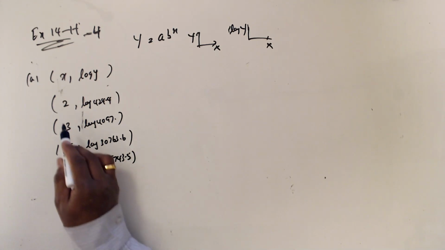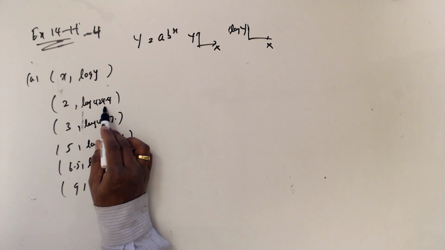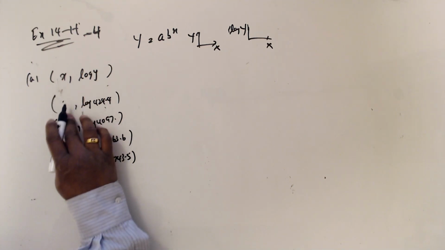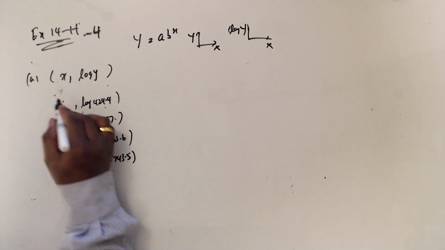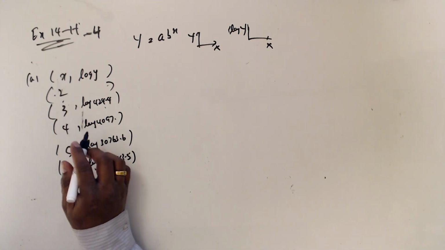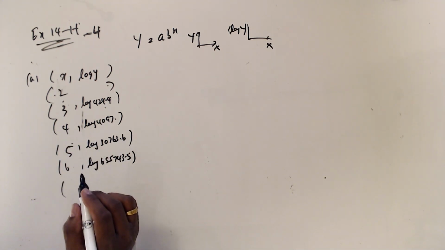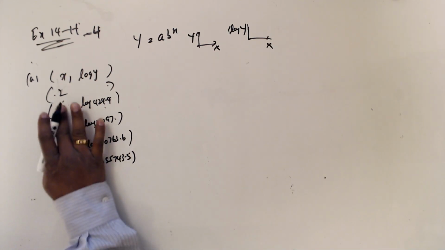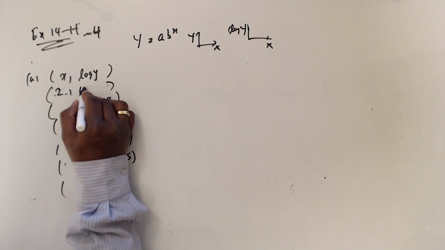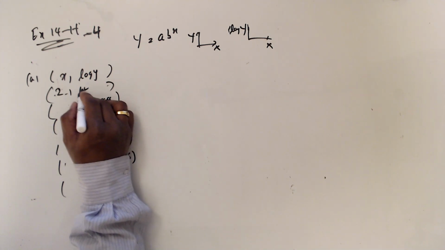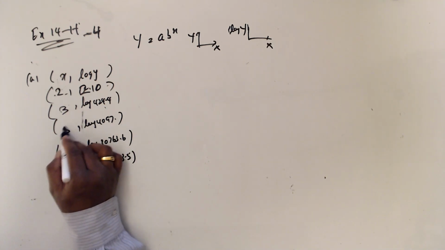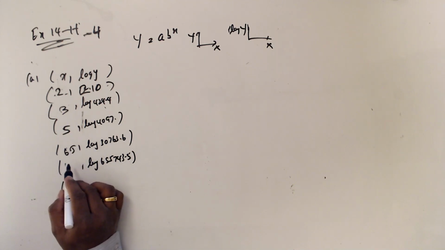Made a mistake. The x values: this is 2, this is 3, this is 5, this is 6.5, and this is 9.